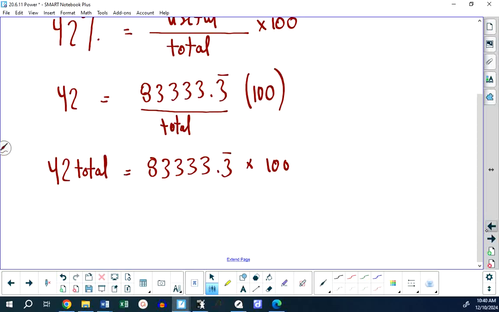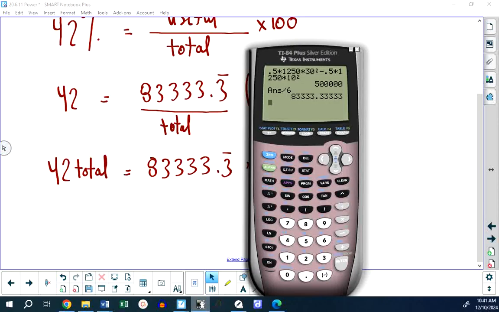So you have to take 83,333.3 repeating times 100 divided by 42. When I multiply by 100, I actually multiply by 10. You should get this number.